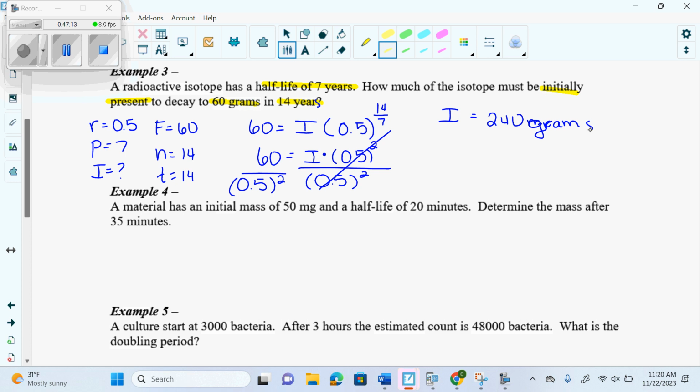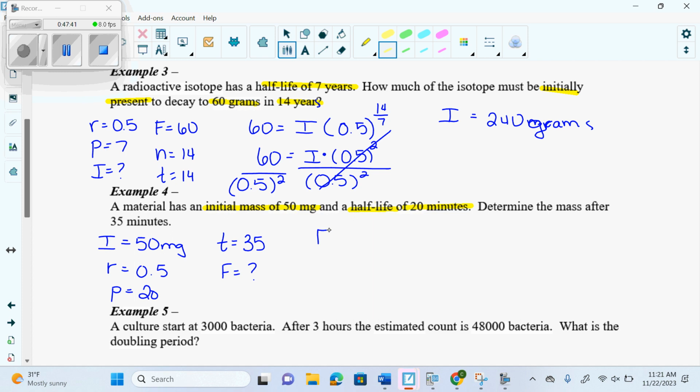A material. All right. So a material has an initial mass of 50 milligrams and a half-life of 20 minutes. So that's P. It follows right after the word half-life. Determine the mass after 35 minutes. So they want final.